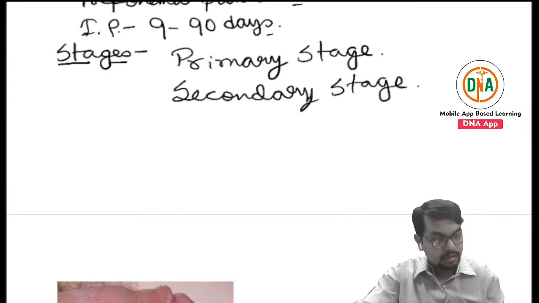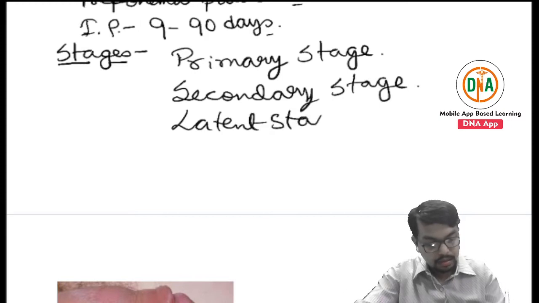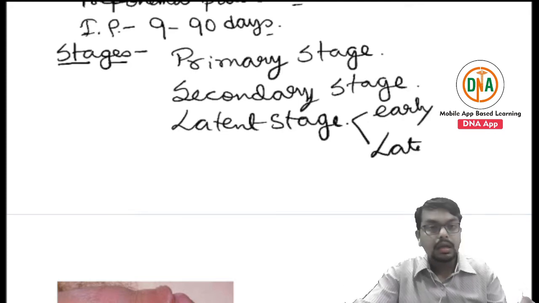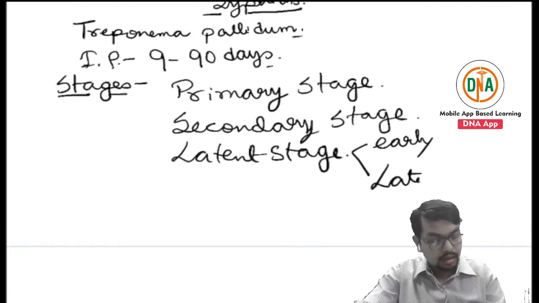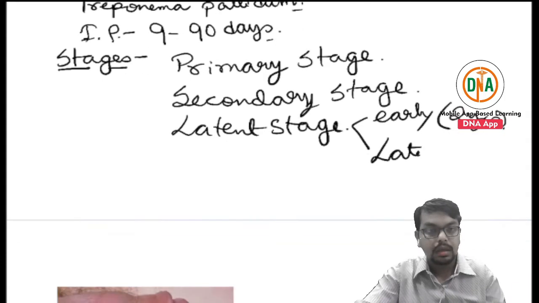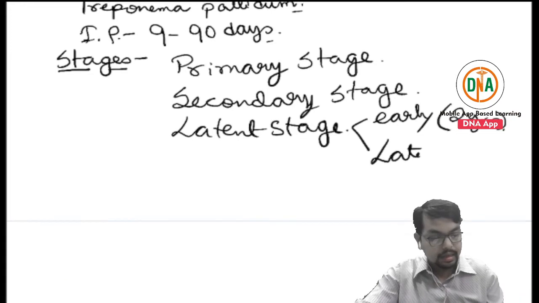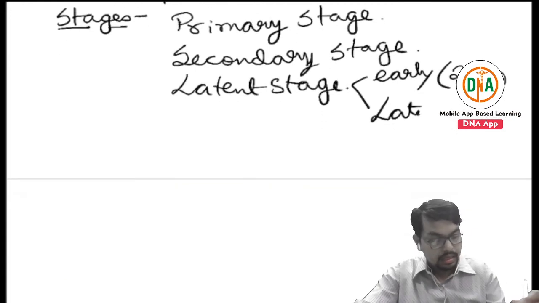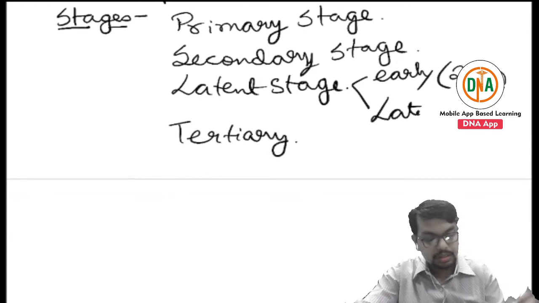After that, the patient will move on to the latent phase. The latent stage has two parts, early and late. It is presumed that the early latent stage persists for 2 years. Then it moves on to the late latent stage.